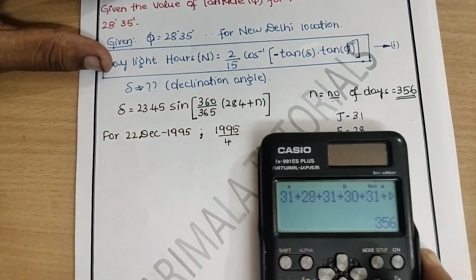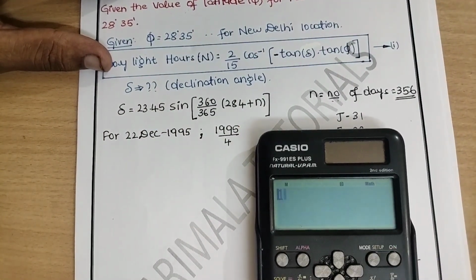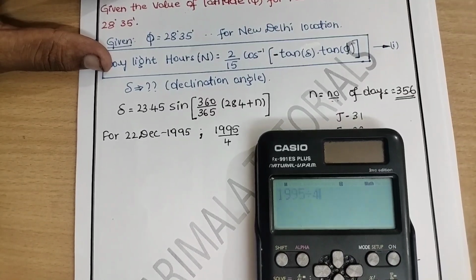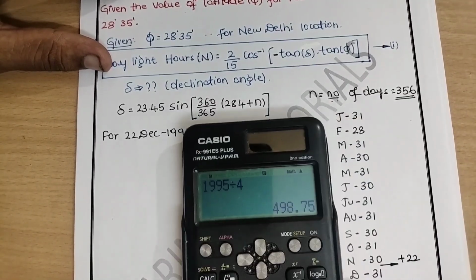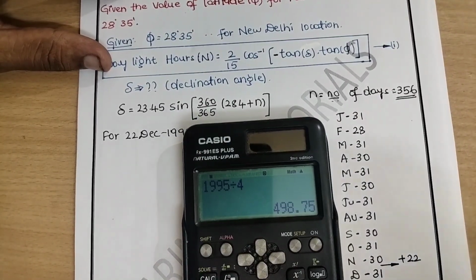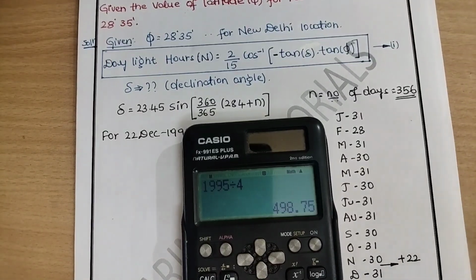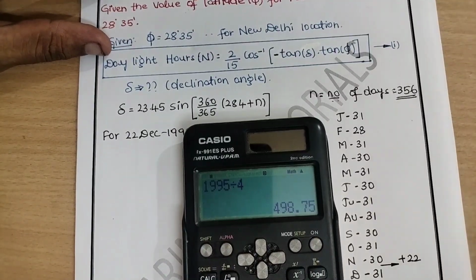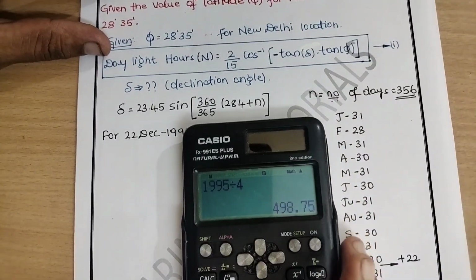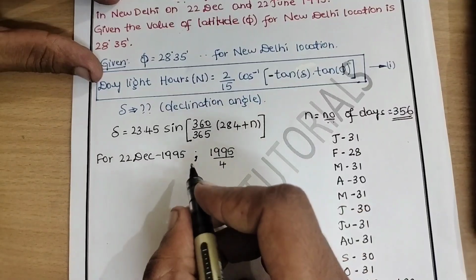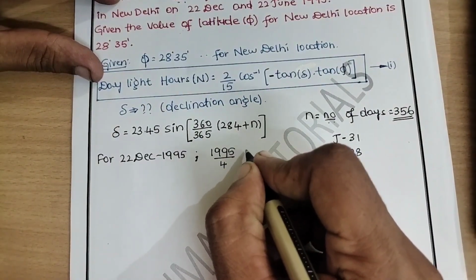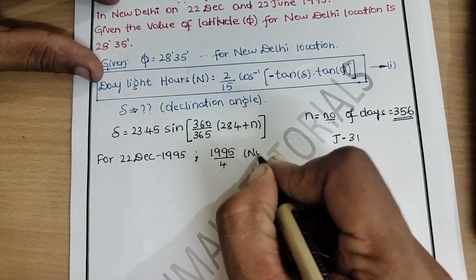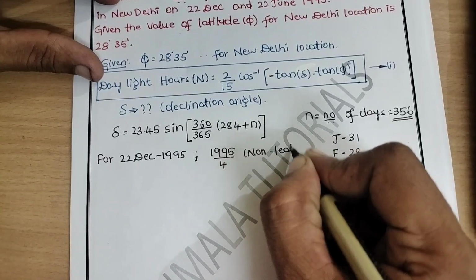If it is clearly divisible means it is a leap year. 1995 divided by 4, so you can see here it is 498.75. Suppose if it was 498 or 499, suppose if it is a whole number means it clearly says that it is the leap year, else it is a non-leap year. So now this year 1995 here is a non-leap year.